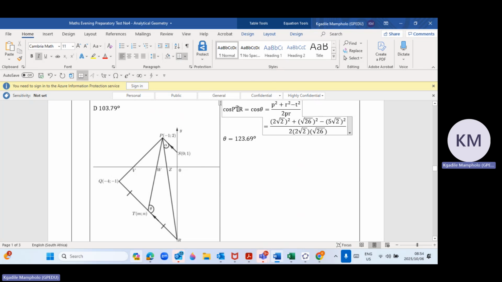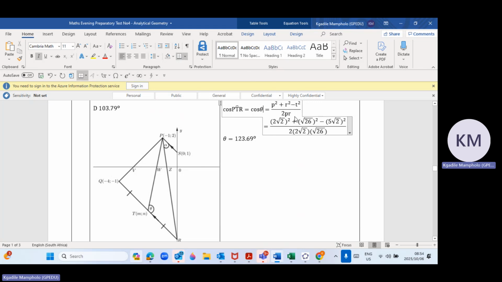You remember that with the cosine rule, if we start with cos, where the angle is t, it means the small letter t will be at the end and will be subtracted. If you do cos p, it means p squared will be at the end. You know the cosine rule. So because we are calculating cos t, then t squared will be at the end as negative. Now we say it is equal to p squared plus r squared minus t squared over 2pr.